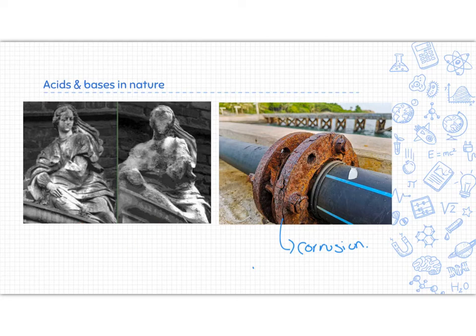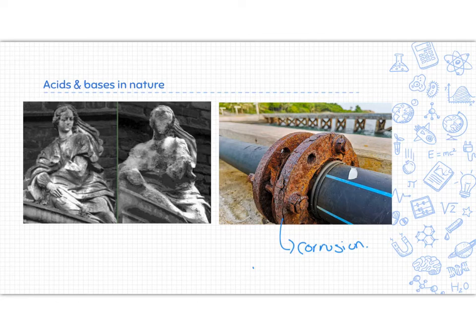But what's happened is acid rain has fallen in this city, and it has eroded the statue. So she's no longer got a face. It's eroded those features on her face. Her hand has disappeared. The intricacies of her dress and whatever shawl she's got there have eroded over time. So acids can wreak havoc.